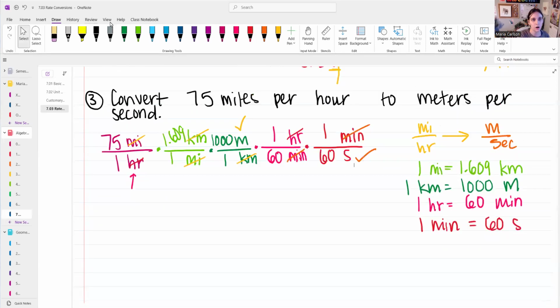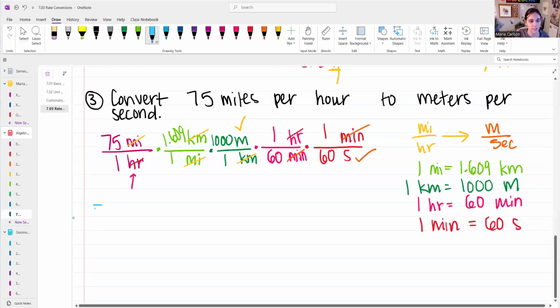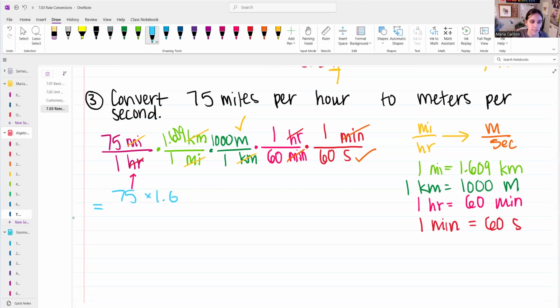All right, almost done. Now I just need to multiply across the top and across the bottom. Across the top, I have 75 times 1.609 times 1,000. I don't really need to write the times 1. We know that doesn't really matter. And then in the bottom, I have 1 times 1 times 1, and then I have 60 times 60, with all the ones being multiplied to that as well.